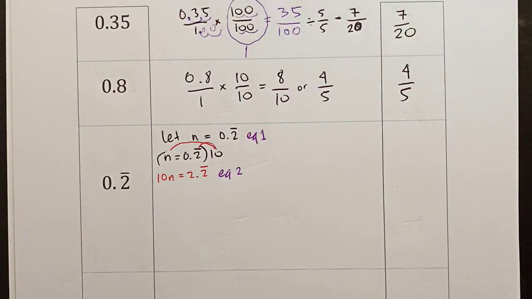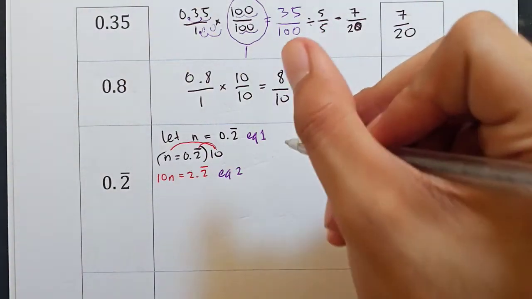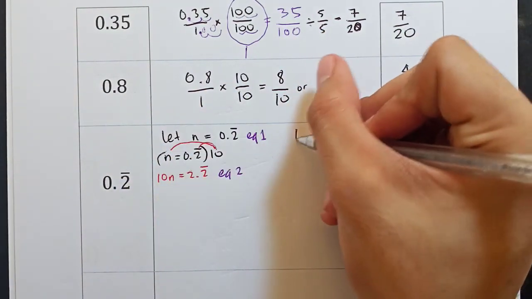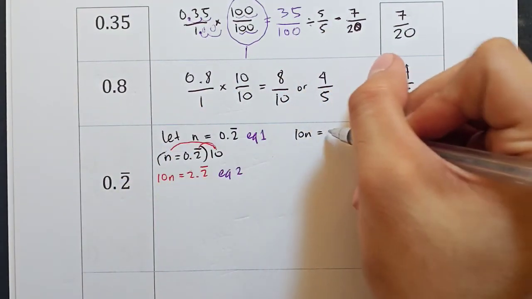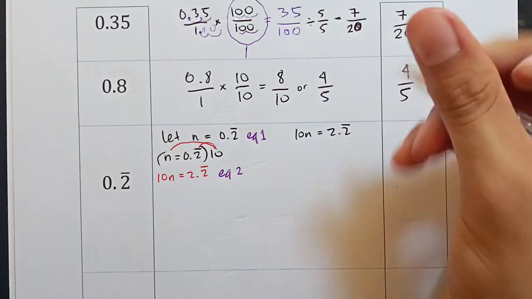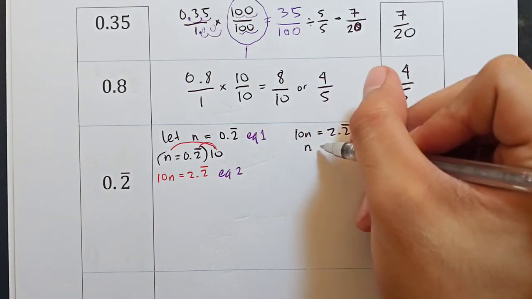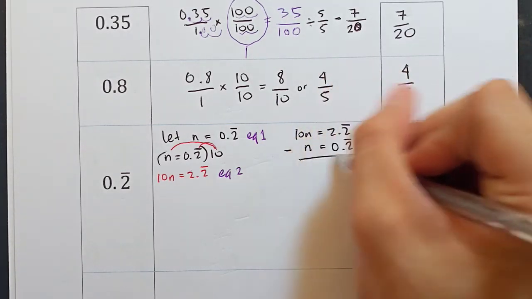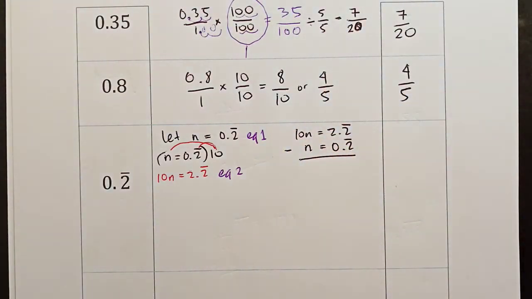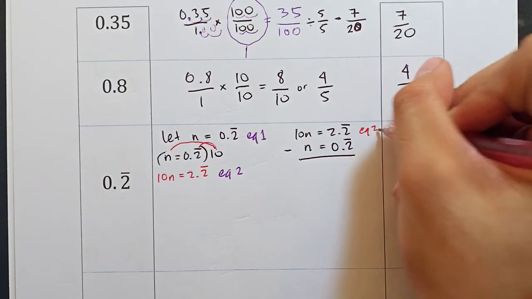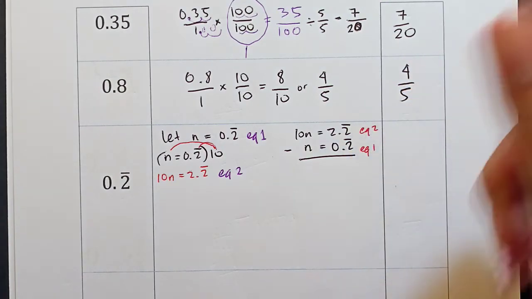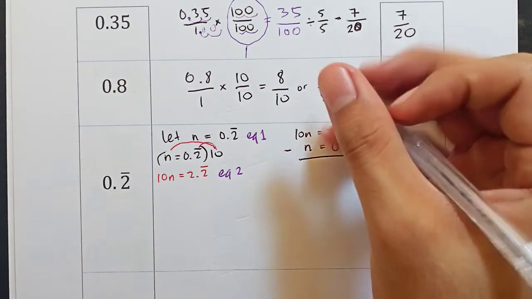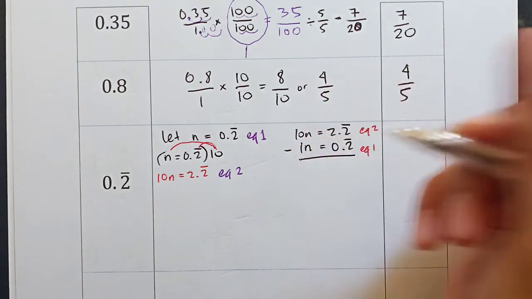Then ano gagawin natin sa equation 1 and 2? Sasubtract lang natin. Equation 2 minus equation 1. Equation 2 is 10n equals 2.2 bar. Then equation 1 natin is n equals 0.2 bar. Subtract lang natin. So, 10n minus n. Ito meron tong coefficient na 1 di lang nilalagay.